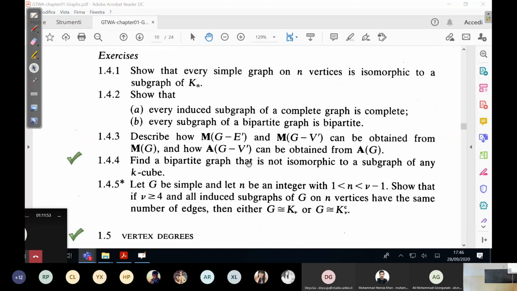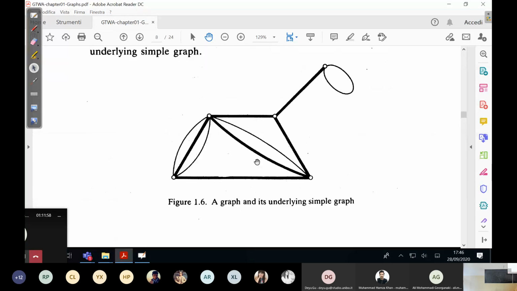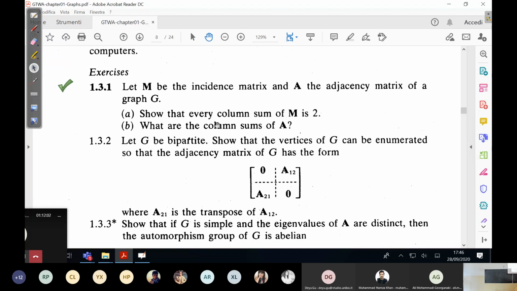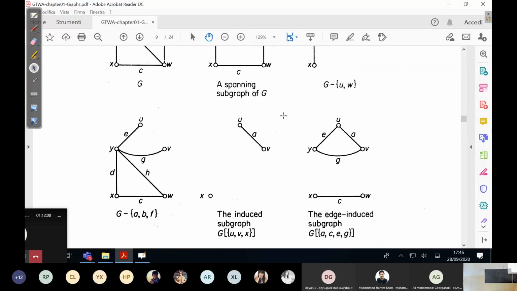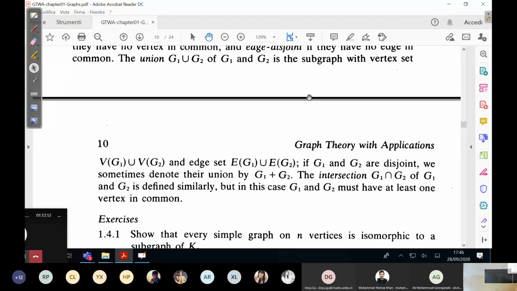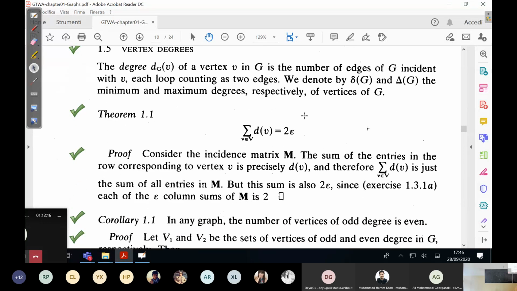It was this exercise we have just seen. The sum of each column is 2, and you have a column for each edge, be it a link or a loop. In any case, you have 2, and so you have what?